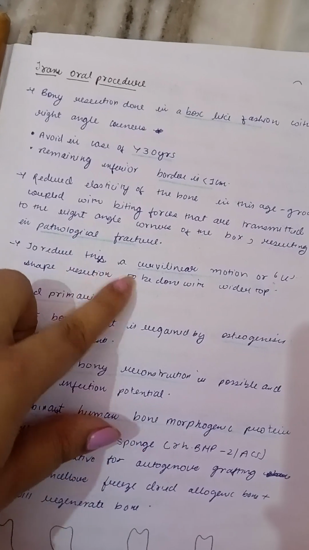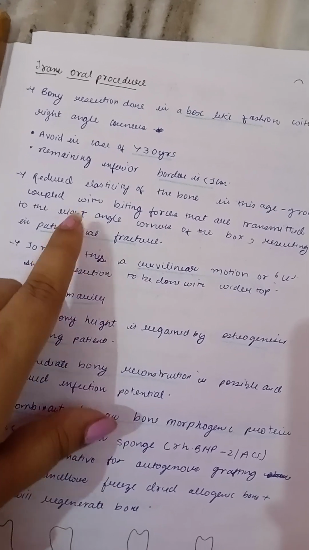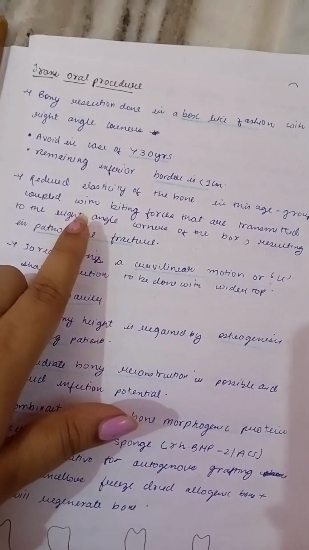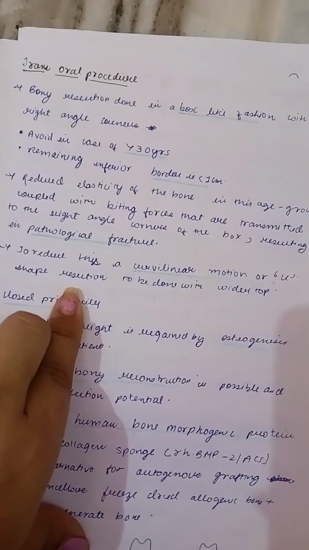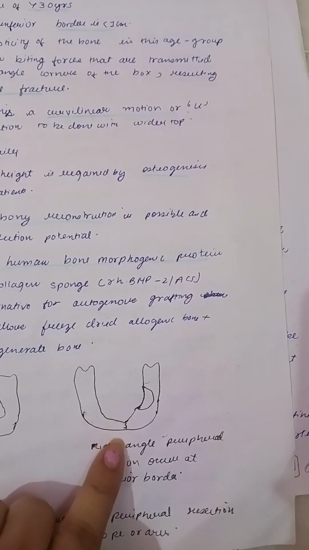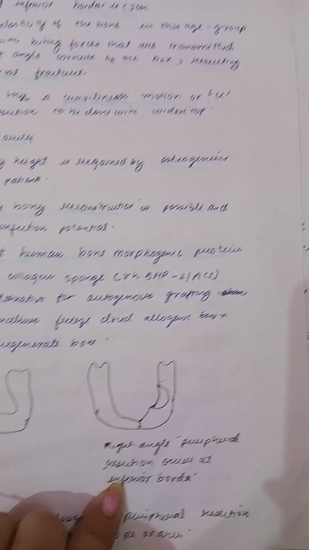If we are making a box-shaped resection, then there are right angle corners, so the biting force is transmitted to them, and it will result in pathological fracture.